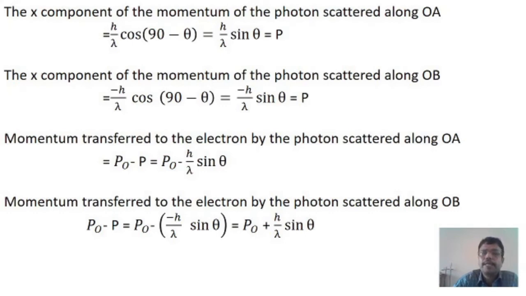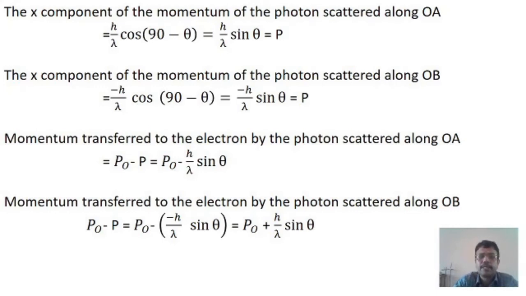Then the momentum transferred to the electron by the photon scattered in the direction of OA is P0 − P, that is P0 − (h/λ) sin θ. The momentum transferred to the electron by the photon scattered in the direction of OB is P0 − P′, that is P0 − (−(h/λ) sin θ).